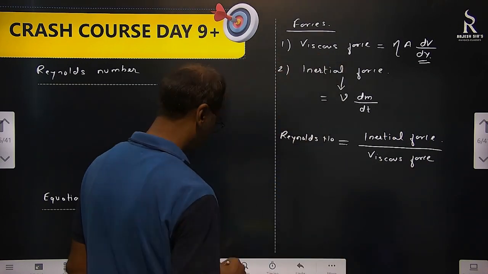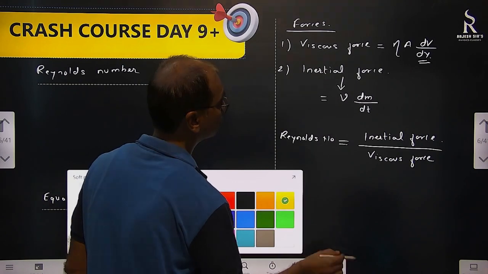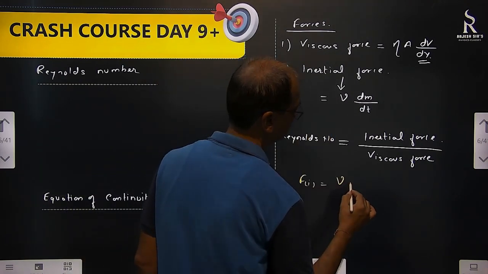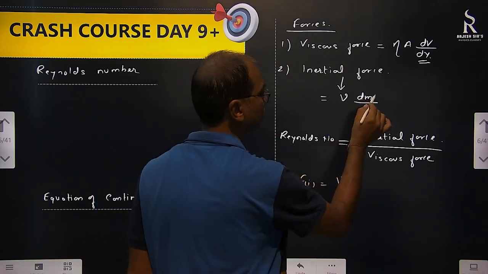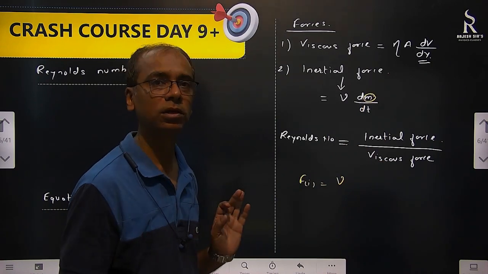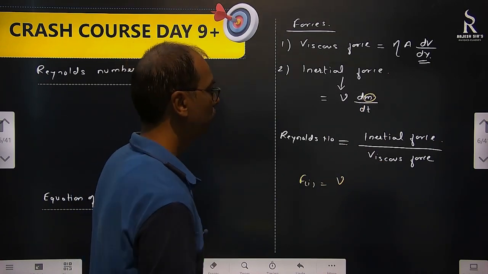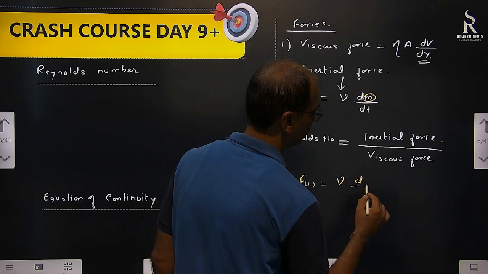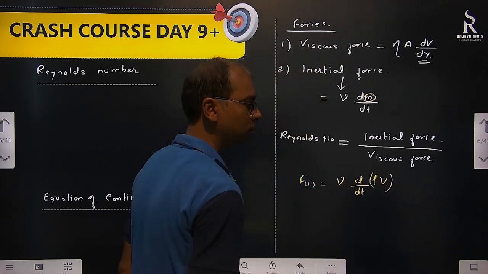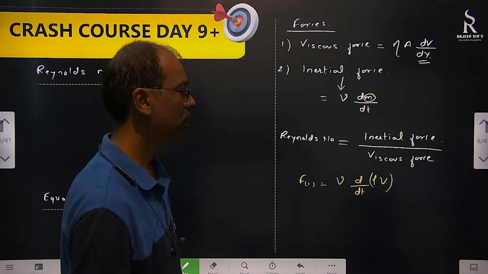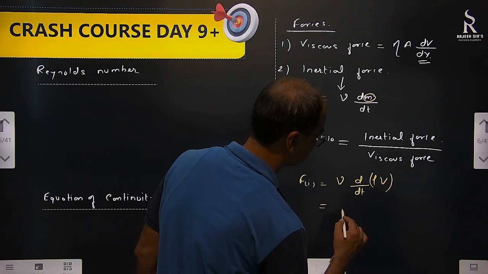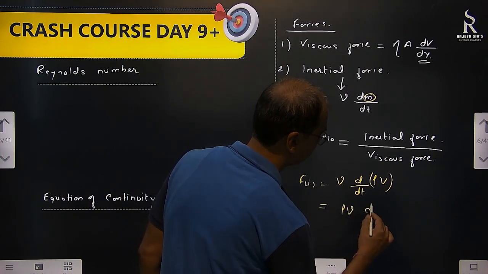Okay, now this inertial force, this Fi, which is v dm by dt, this is mass. Mass I can write as density into volume also, right? Because we are talking in terms of liquid. So v into d by dt of rho into volume. V is volume here, not velocity. Now if I assume density is constant, rho into v, now it becomes dV by dt.